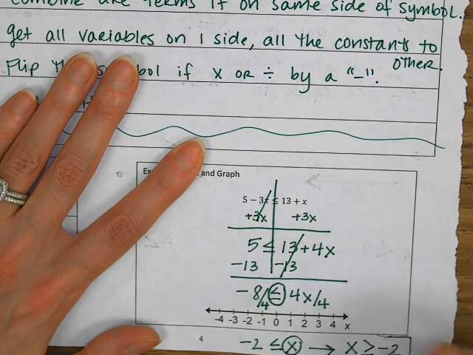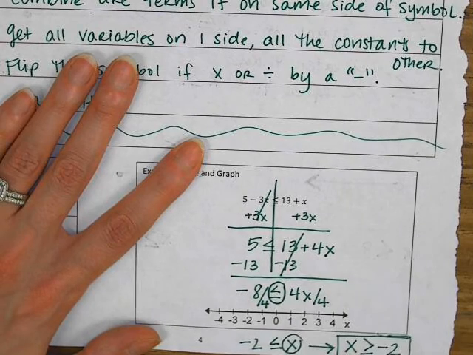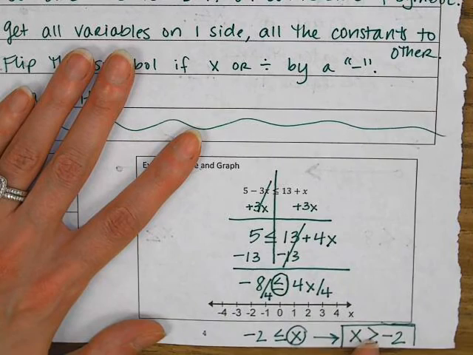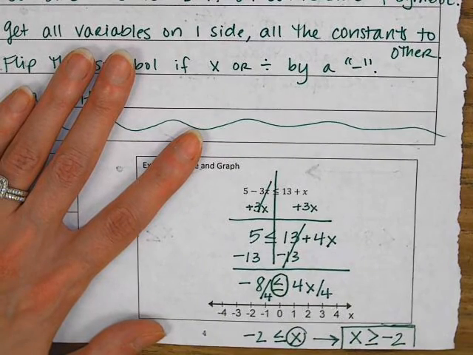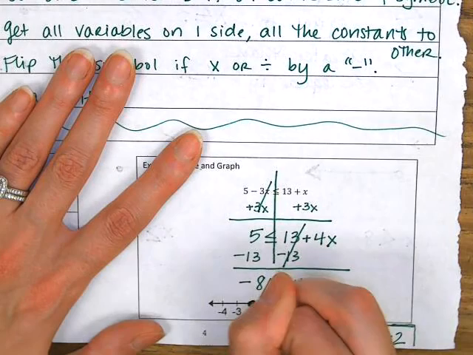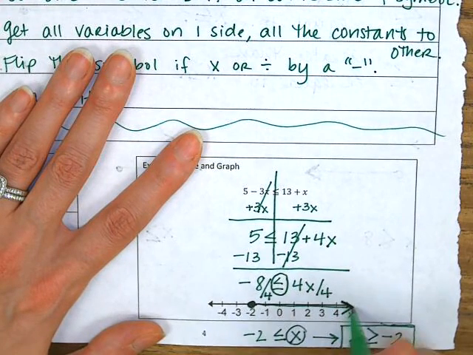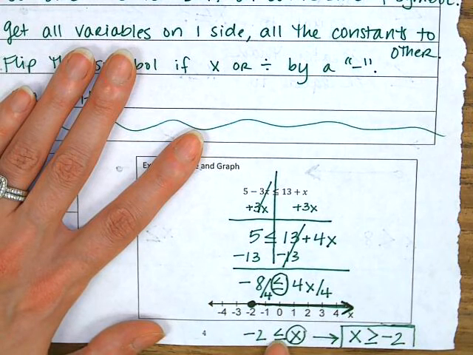This is easier to graph because when it's written this way, the arrow goes the same way that the sign goes. So that's a closed circle at negative 2. And greater than, it goes to the right. I worry that if you guys don't do that, you're going to think the arrow goes left. So always make sure the x is written on the left-hand side.